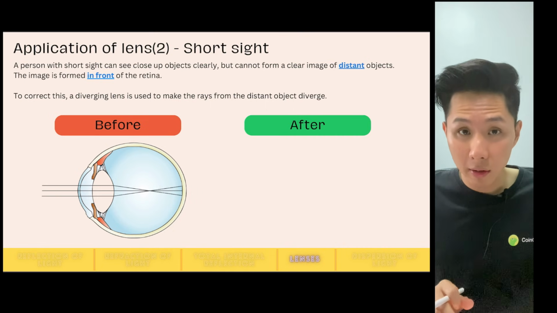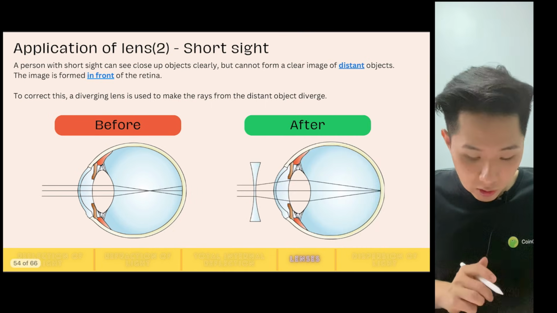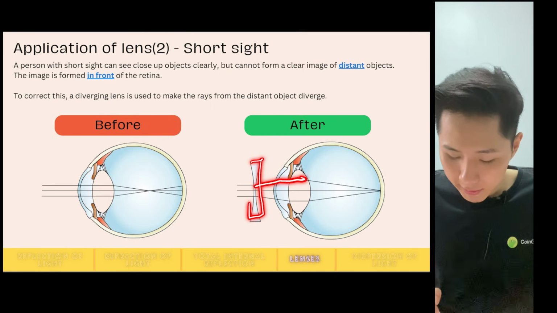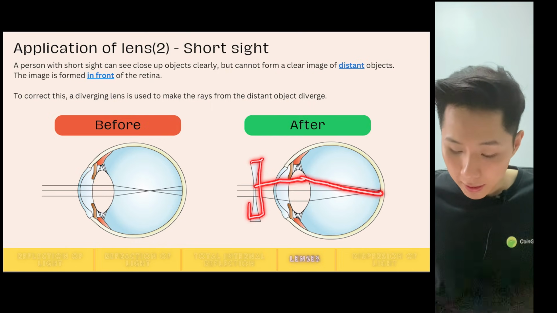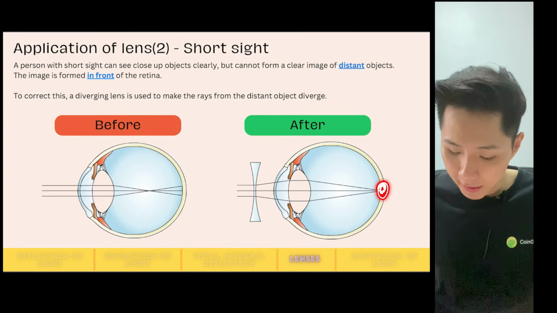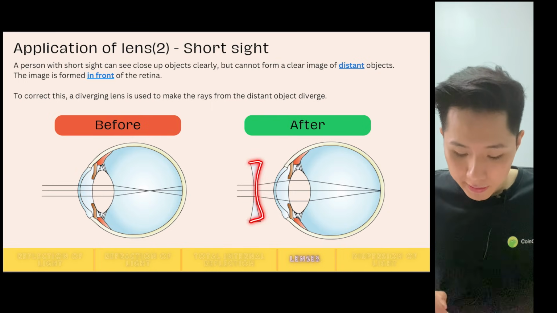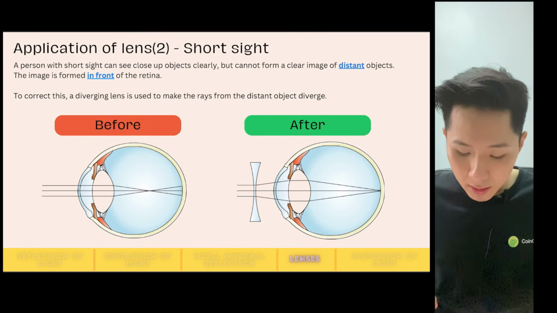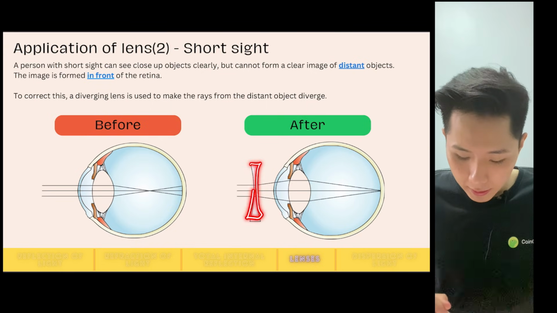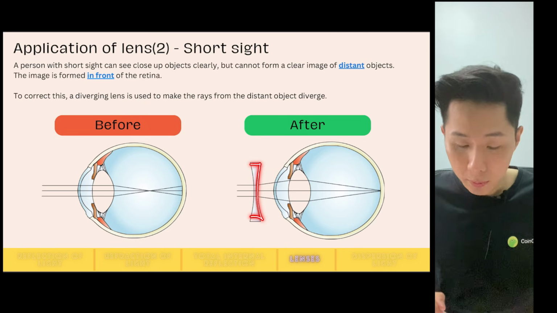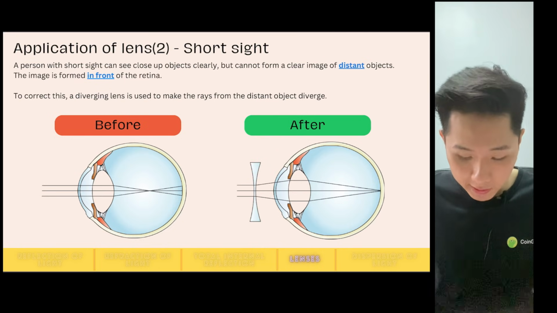So in order to solve this, we can use a diverging lens, like that. We just spread the light out, and then once it gets converged, the light can intersect at the retina of that person. And because we have different powers, the thickness of the lens depends on how severe your problem is. All right, so that's short sight.